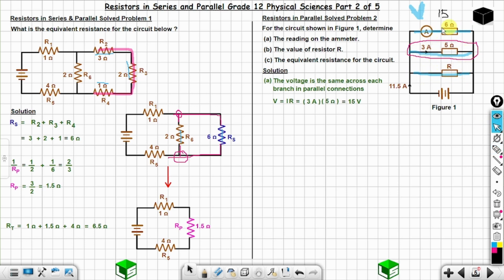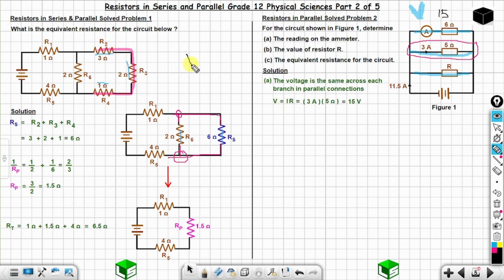So on this branch, we have the voltage and we have the resistance, so we can find the current through the resistor. You are going to use the same formula.